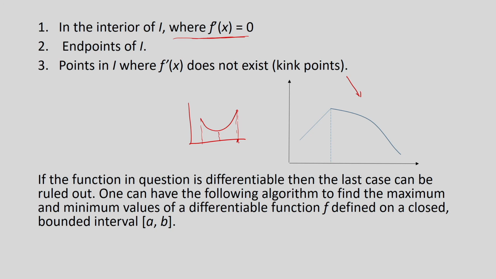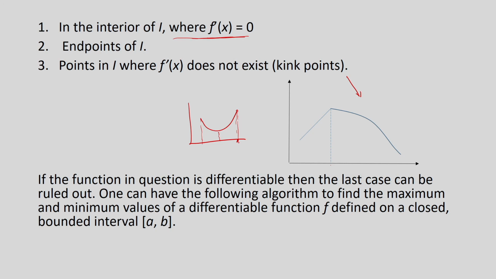So, you have a continuous function defined over a bounded closed interval. You have a point which is an interior point, but this is a point where you have a kink in the graph of the function, and so the first derivative is not defined. So, this is the third possibility.